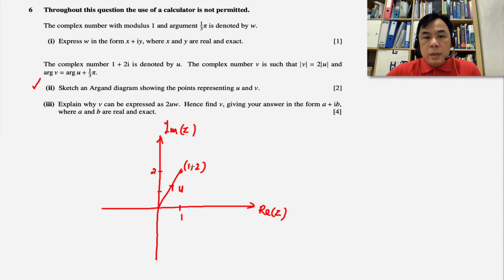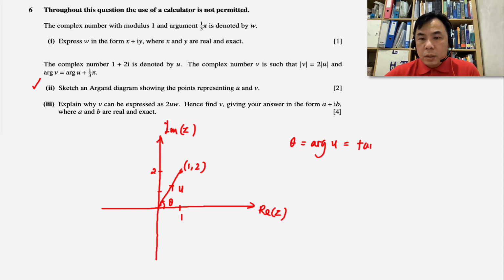And then the argument for this complex number u is given here as theta. If you wish to find its angle, or the argument for this complex number, you can take the trigonometry ratio of tangent.